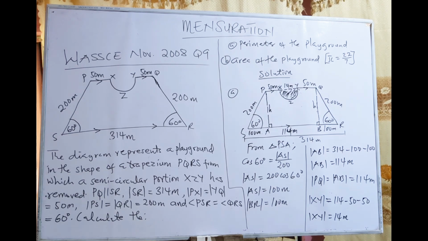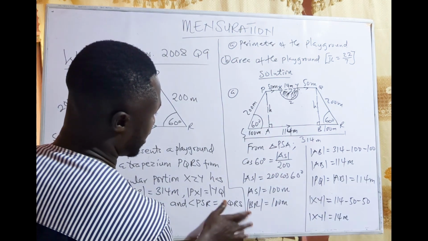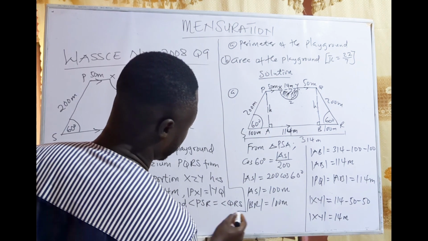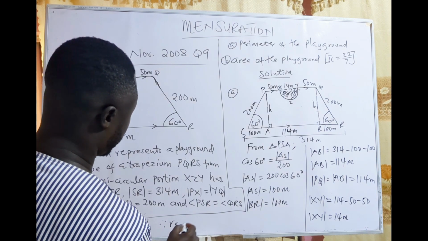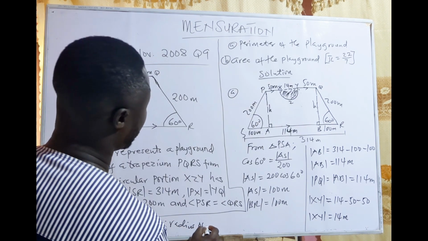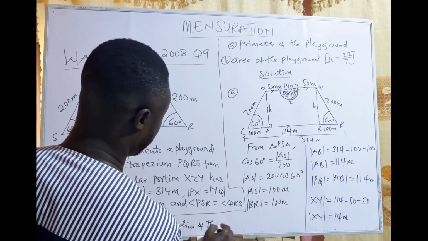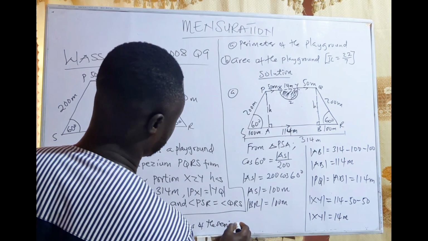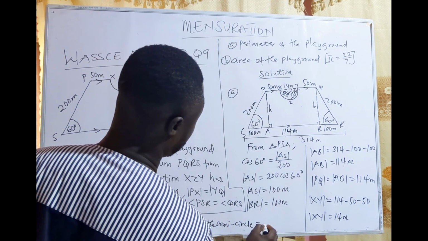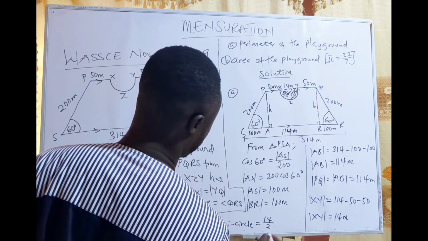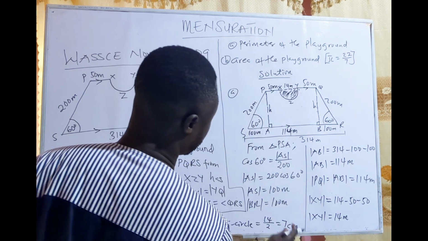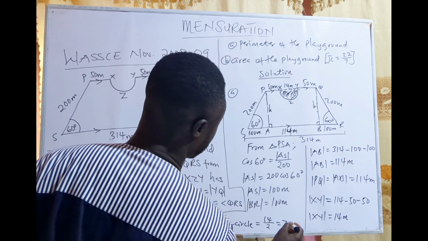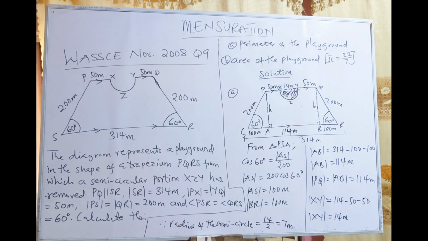Therefore the radius of the semicircle is equal to 14 over 2, and that will give me 7 meters.